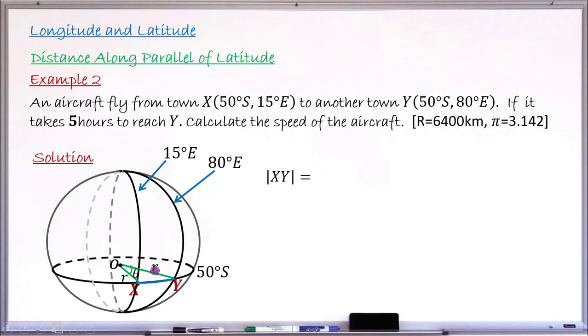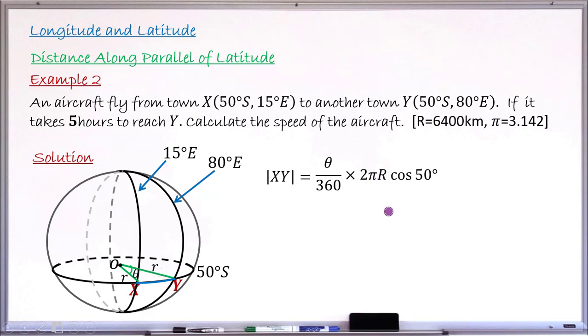So the distance XY will be nothing but the formula for the length of arc, which is theta over 360 multiplied by, instead of small r, a capital R cos 50, where 50 is the angle of that common latitude, 50 degrees south. Remember, this R cos of the angle of the latitude is the same as the radius of any latitude.